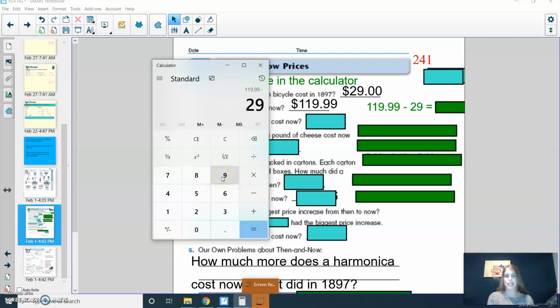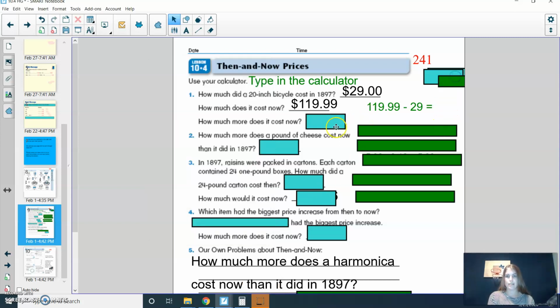I'm not going to type in decimal point 00 because I'll still get the same answer. Now I can hit equal, and you should have also gotten $90.99.